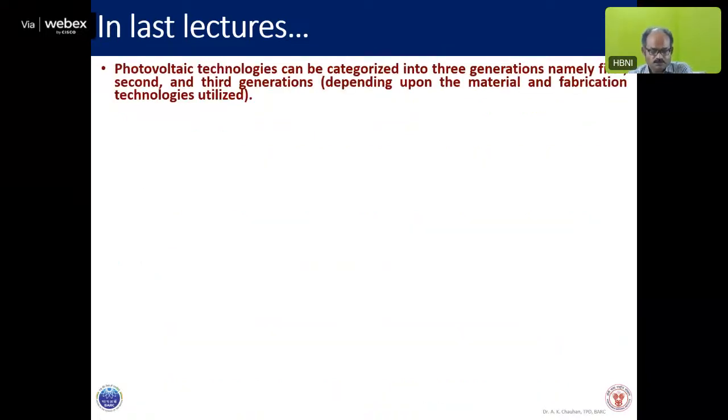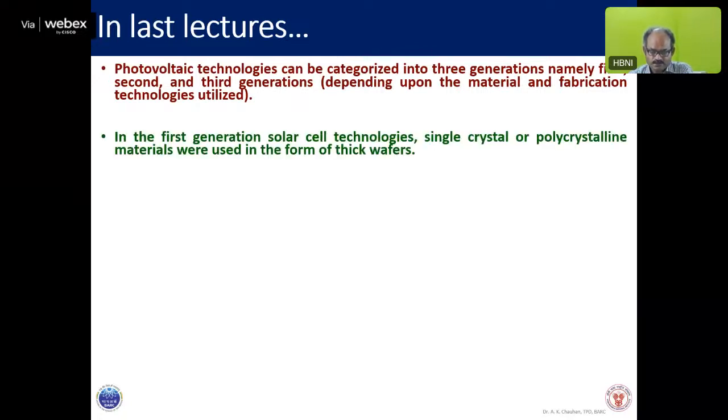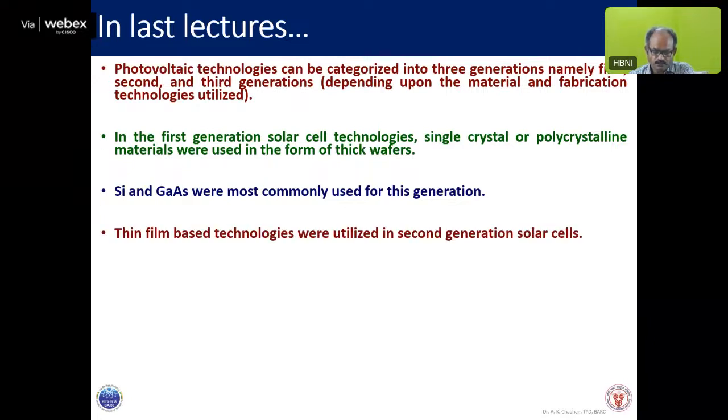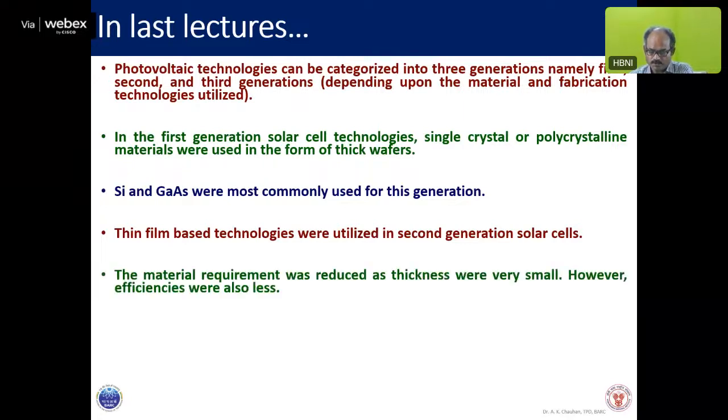Then we also learned that photovoltaic technologies can be categorized into three generations: first, second, and third generation. In the first generation solar cell technologies, single crystal or polycrystalline materials were used in the form of thick wafers. Silicon and gallium arsenide were most commonly used in this generation. Thin film based technologies were utilized in the second generation solar cells, and the important devices we also saw yesterday.